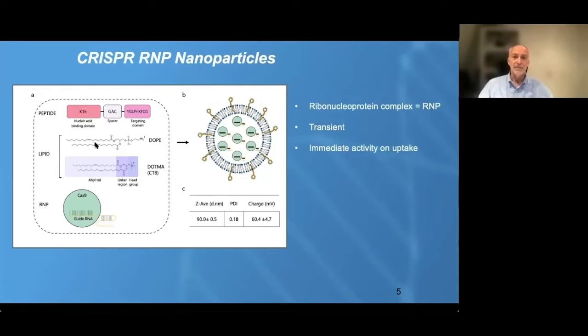So these particles are formulated in a specific order of mixing and ratio of components. And if you get that right, then you can produce nanoparticles of less than 100 nanometers and with a cationic surface charge.